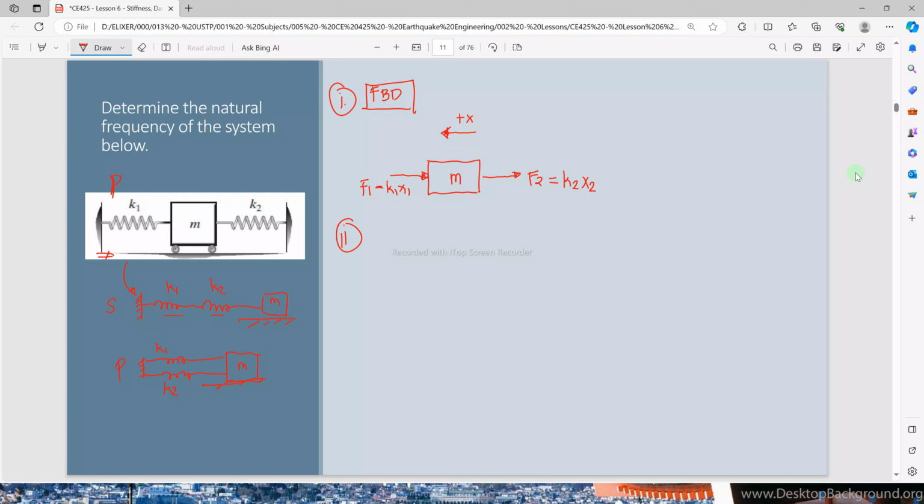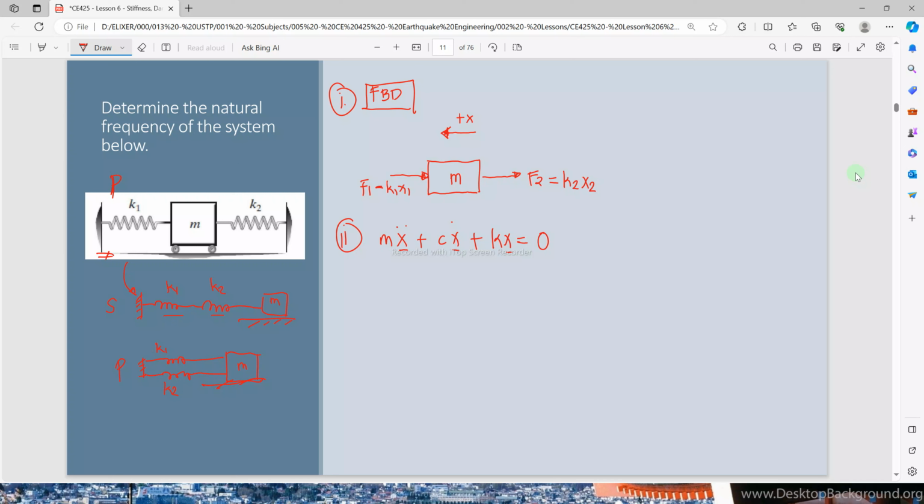Next. If you remember the general equation of motion, m x double dot plus c x dot plus kx is equal to, since this is a free vibration, 0. You might be confused by x and u, but they are the same, as long as you understand. This is the response acceleration, response velocity, and the lateral displacement.